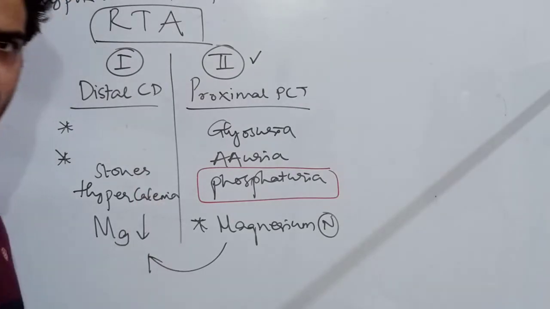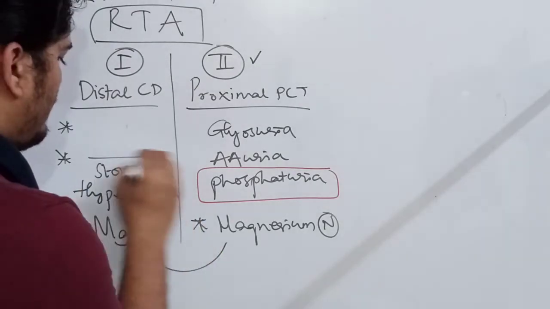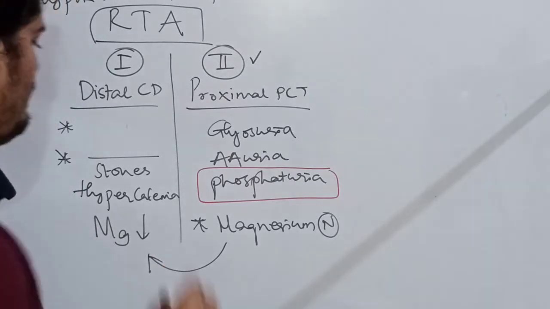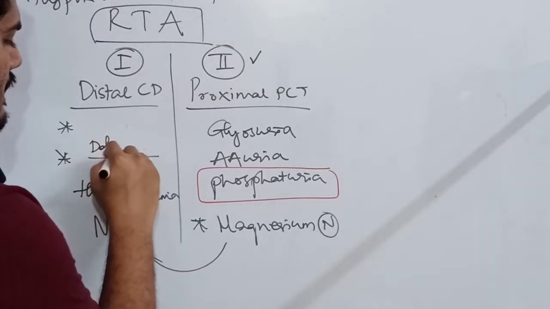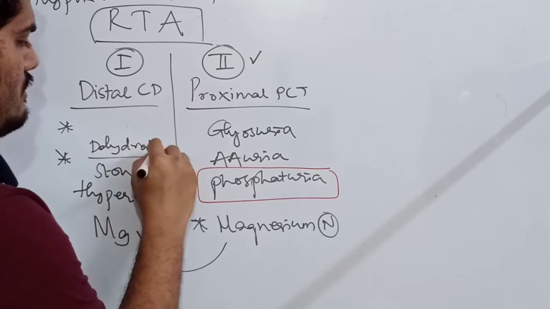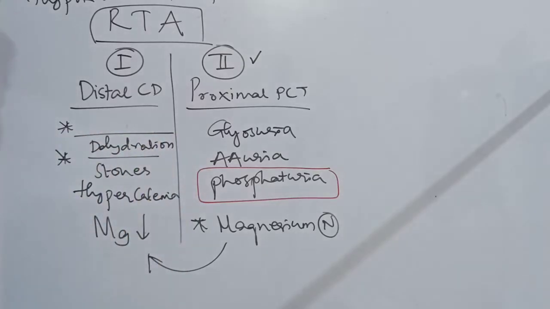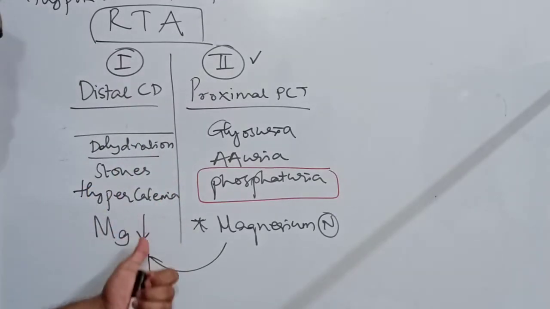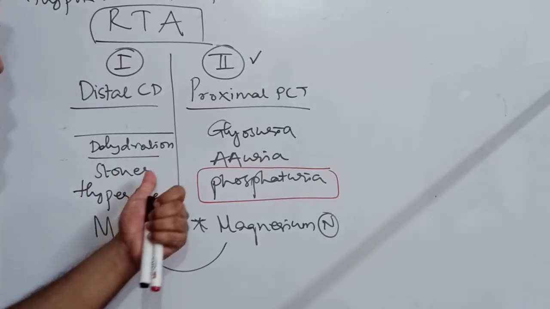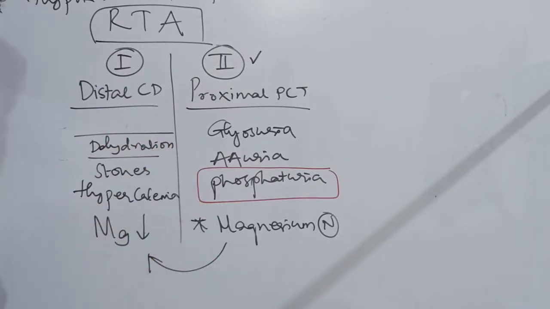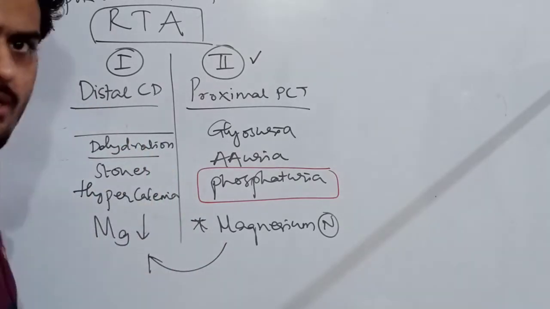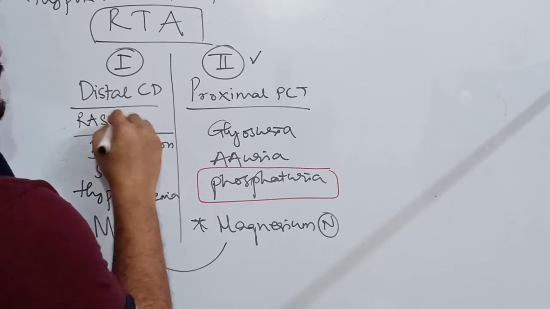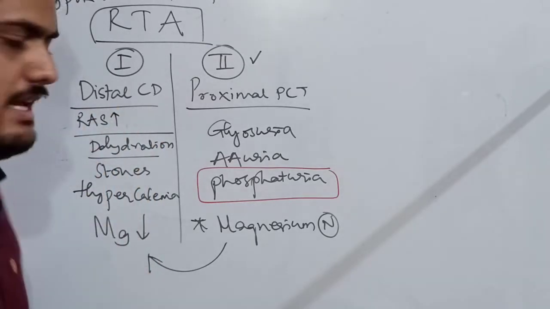And one more point to remember here is, since hypercalcemia is there, hypercalcemia is always associated with dehydration or fluid loss. Why is it important to know? Because in this state of hypercalcemia, presence of stones and dehydration, the angiotensin, that is the RAS system, is excessively active here.